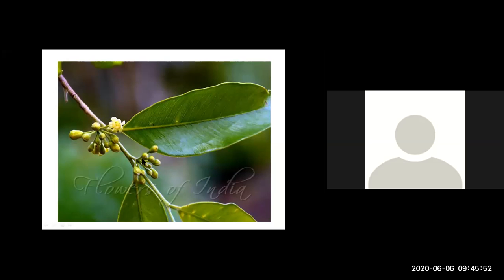Okay, so you can observe the inflorescence. It is somewhat like the umbel inflorescence, we say. In the previous slide you can observe that the outer flowers have a long pedicel. When it comes to the inside, the pedicel is shorter.